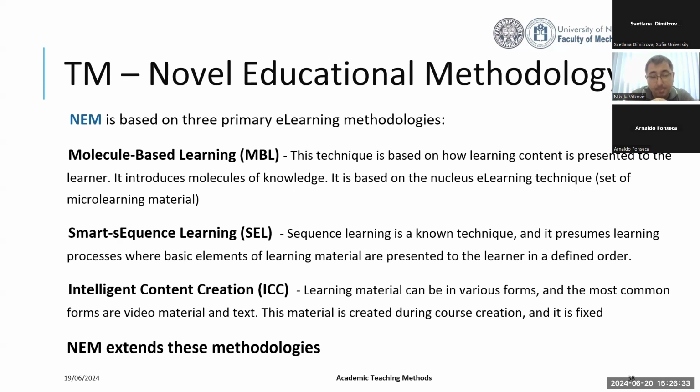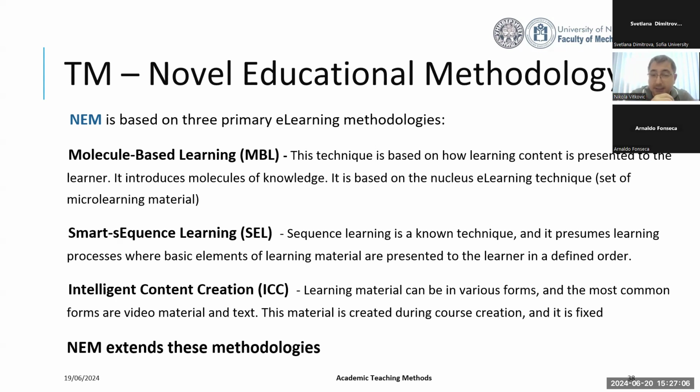Molecular-based learning is a method which is focused on small units of knowledge, so separate knowledge into small units. It's also one of the basic principles of adaptive learning, because it's easier to adapt when you have a lot of material in smaller form. But it's also very good to have a sequence of learning, to know what comes first, what comes second.